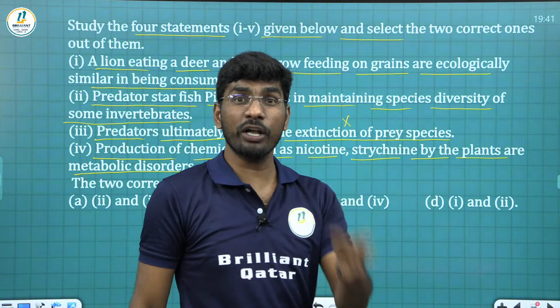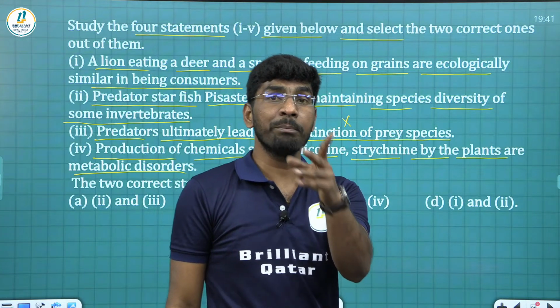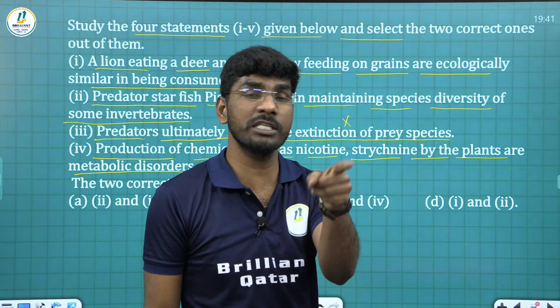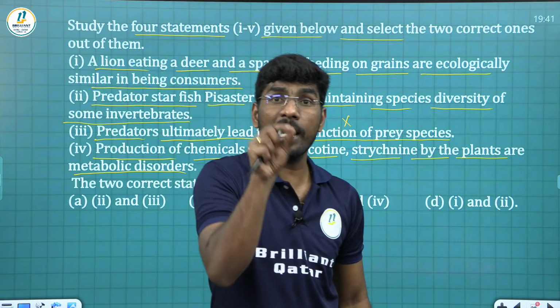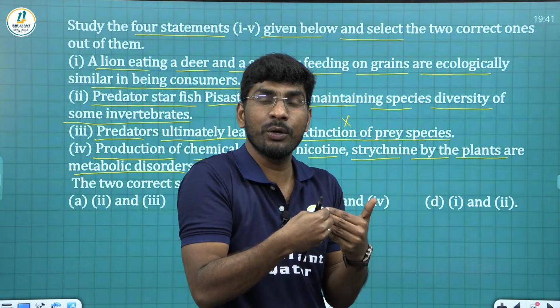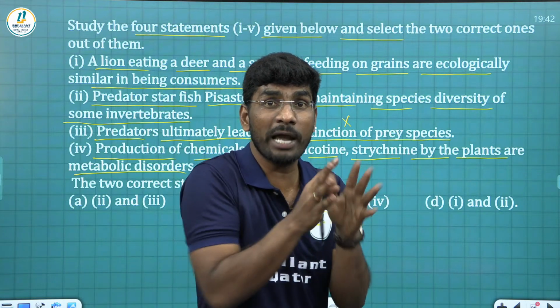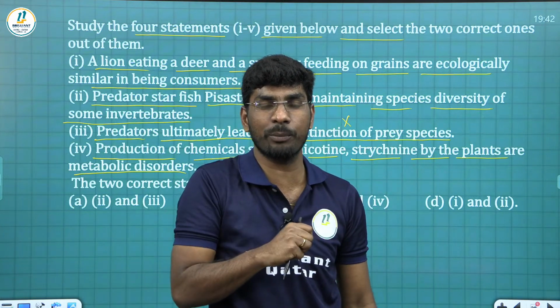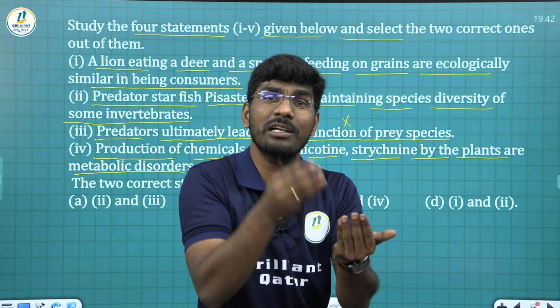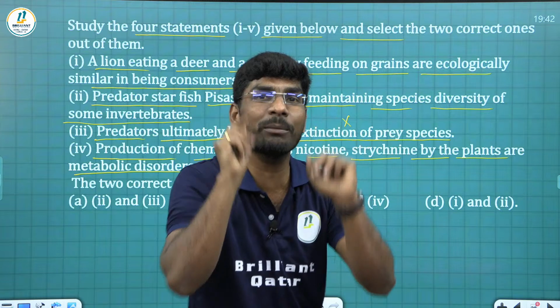If you are able to recall the organism and population chapter, predation, in predation, organism population interaction, what we discussed, Calotropis plant produces glycosides type of chemicals which act on the cardiovascular system. That's why herbivorous animals do not go towards that Calotropis plant, right? So these types of plants are producing these chemicals for the defense mechanism. It is not a metabolic disorder.